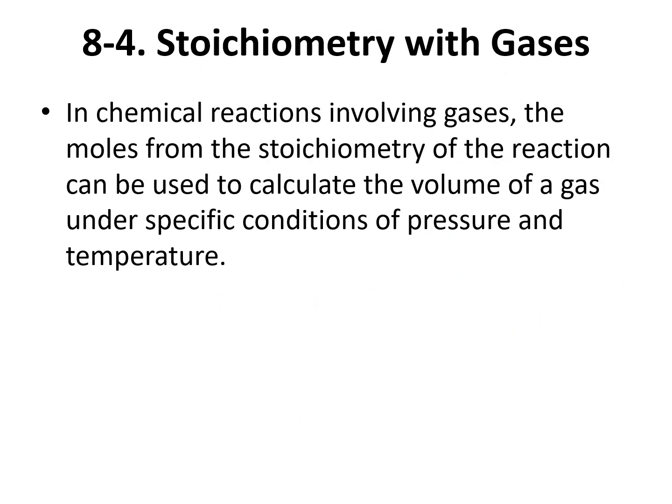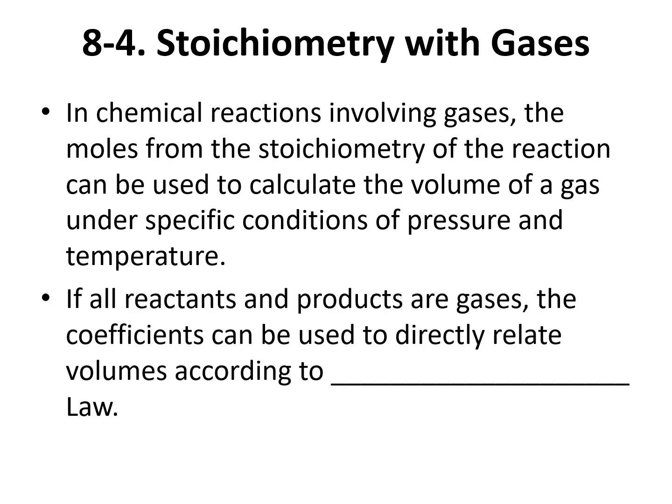Next, we're going to combine stoichiometry, which we've studied in chapters 5 and 6, with reactions that involve gases. Okay, so first of all, remember when you're balancing your equation, the coefficients of the balanced equation equate to the number of moles or the mole ratio between reactants and products. Well, for a reaction that involves all gases, those coefficients will also line up with volumes.